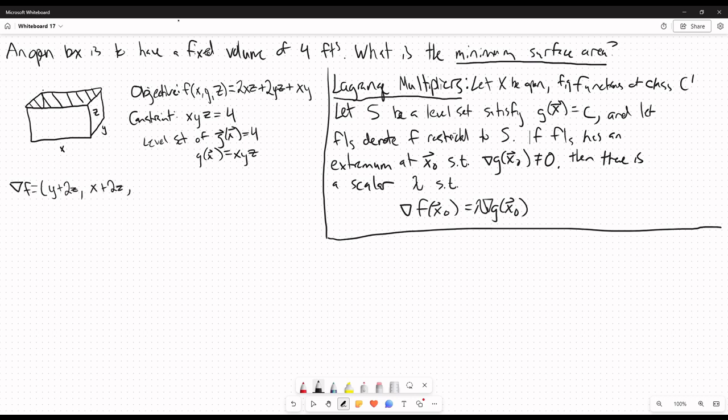And the partial with respect to z is going to be 2x plus 2y. The gradient of g is going to be yz, xz, xy.